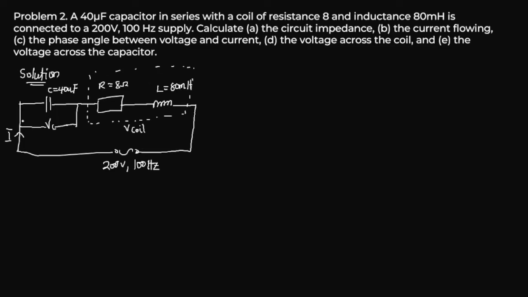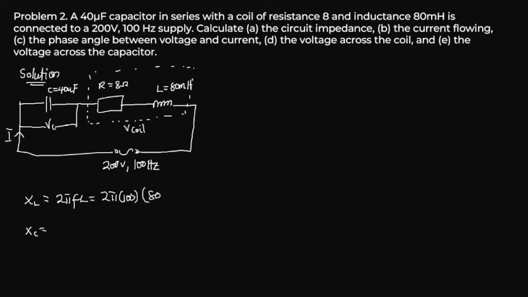The first thing we're told to find is the circuit impedance. Very important, circuit impedance. As usual, we need to find our XL and XC to know which is greater, to know how we are going to write the impedance formula. So XL is equal to 2 pi F L, that is 2 pi times 100 for the frequency, multiplied by the inductance, which is 80 times 10 raised to the power minus 3.